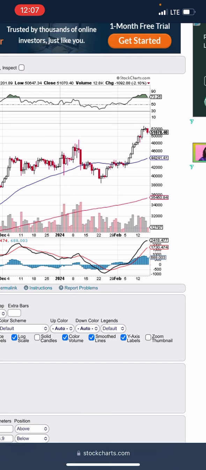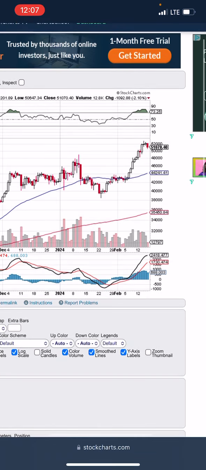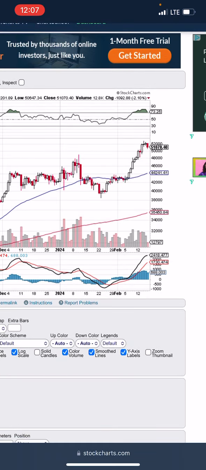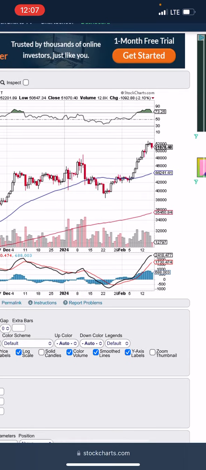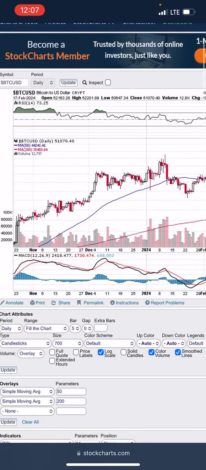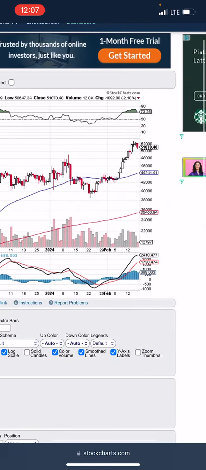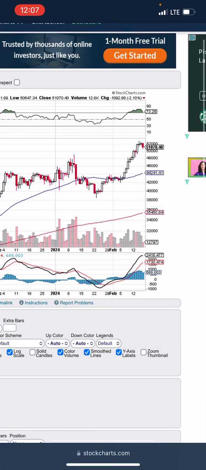So Bitcoin will sell off. Also, the RSI is at 73. That's high. 90 to, I would say, 60, 50 is high. Oversold would be 30 to, I would say, low 40 to 20.